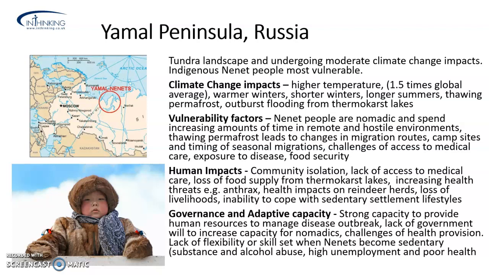It's a very localized region, highly vulnerable. Russia itself is considered quite modestly and moderately exposed to vulnerability with climate change. But when you see a group of people like the Nenets here, they're far more exposed to the risks of climate change.